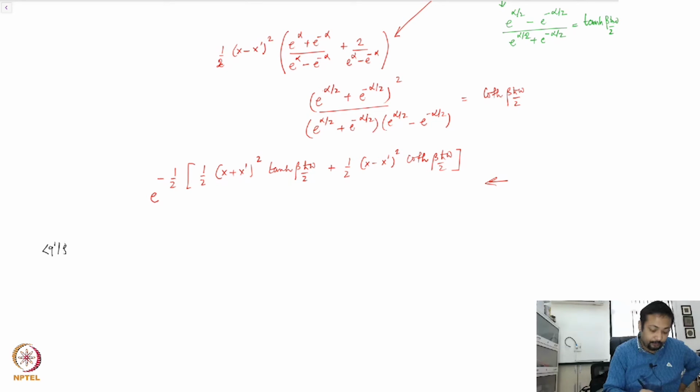q prime rho hat q as e to the power minus beta h bar omega, which was already taken care of. We have (m omega over h bar pi) raised to the power half, 1 over z, and then we have 1 over twice sinh beta h bar omega raised to the power half.